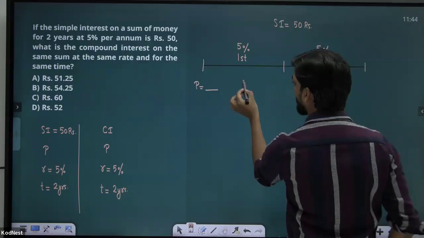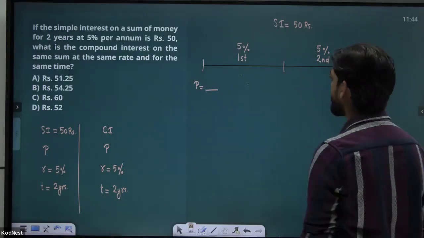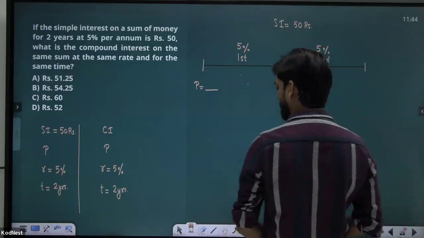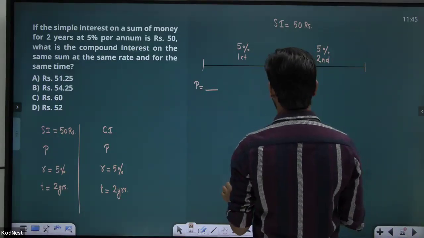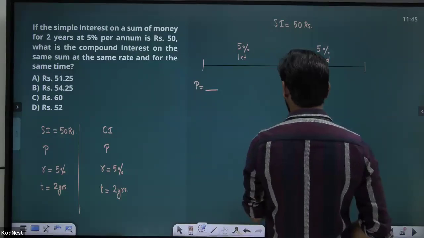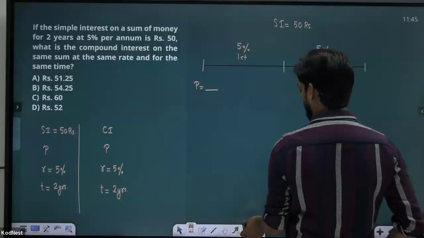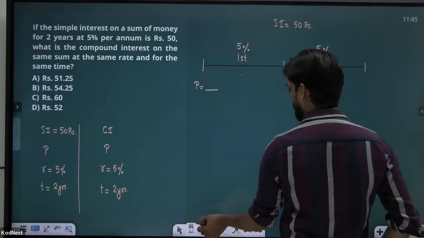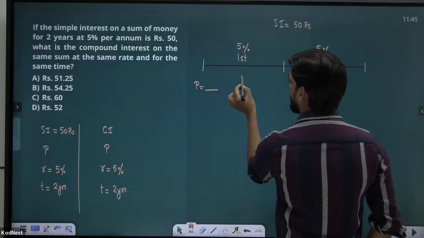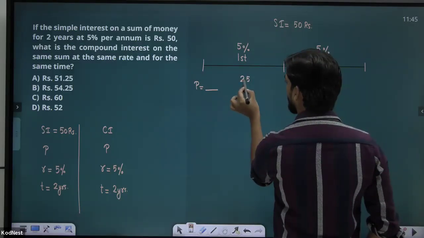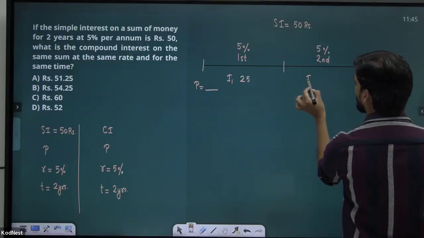Equally divided. So 25 rupees for the first year and 25 for the second year.